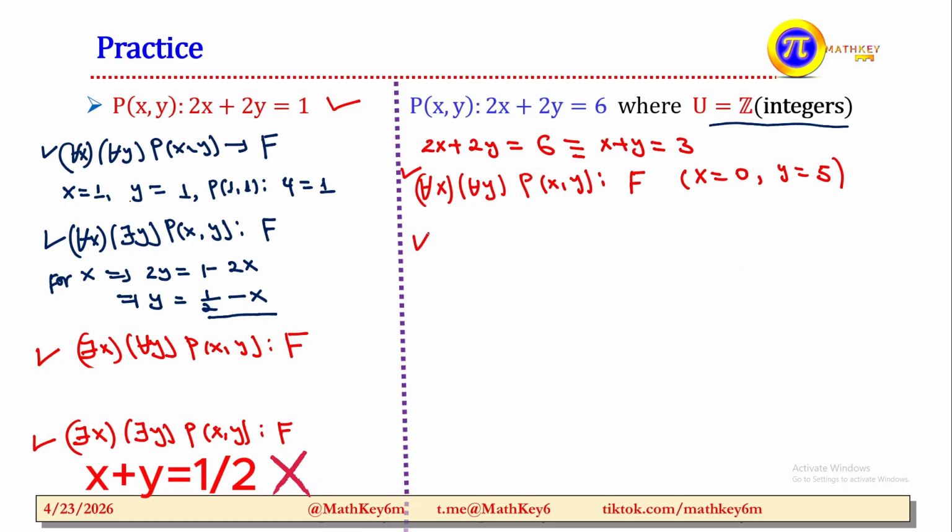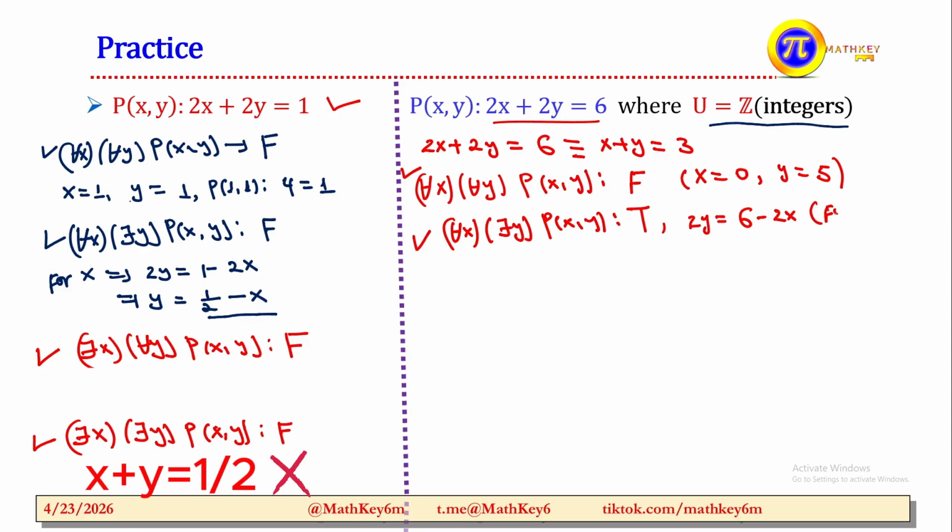The second case, if we consider for all x, there exists y, at least one y that satisfies p of x, y. Is it true or false? Here, it is true. Why is it true? This shows that for any x, we can solve for y. This means 2y equals 6 minus 2x.